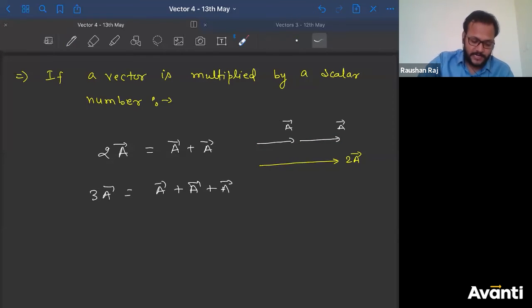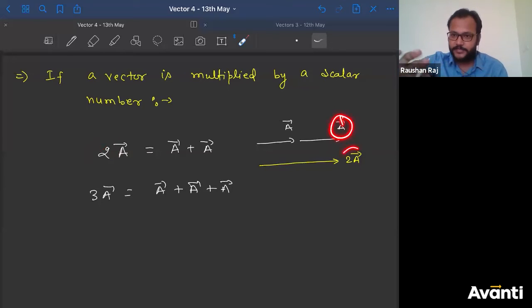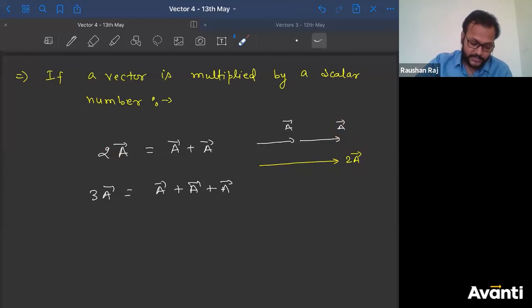Now tell me if I multiplied a scalar quantity with the vector, did the direction change? Vector a and vector 2a, they are having the same direction. So did direction change if I multiply a number with a vector? No. Now did the magnitude change? Yes. How did it change? Initially it was a, now it has become 2a.